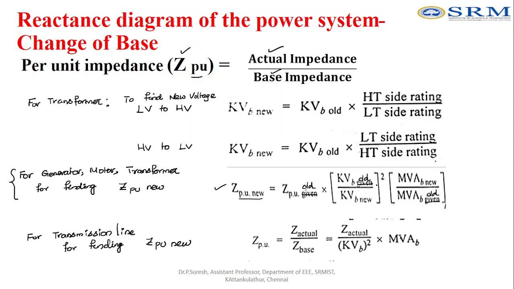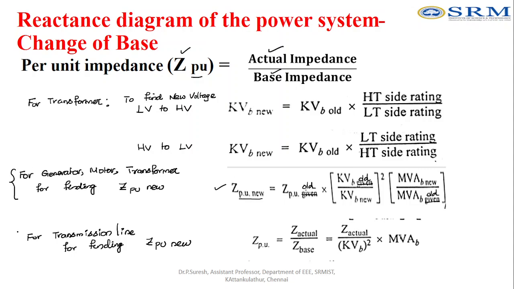Using this formula, we can calculate the new per unit impedance values. Normally, the values given in the problem should be considered as old values. From the old values, we are going to find the new values. For generator, motor and transformer, this is the formula.